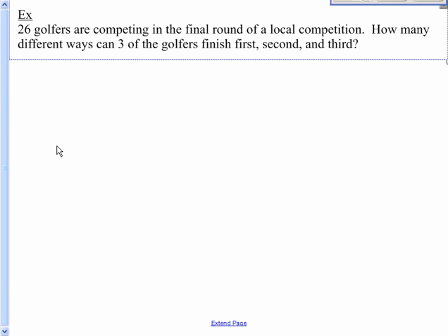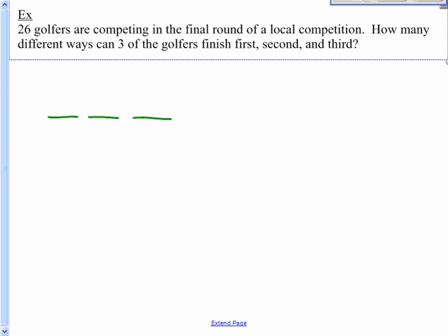Okay, 26 golfers are competing in the final round of a local competition. How many different ways can 3 of the golfers finish first, second, and third? So I say, well, how many potential people could finish in first place?